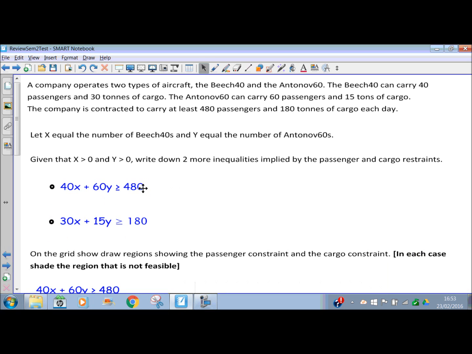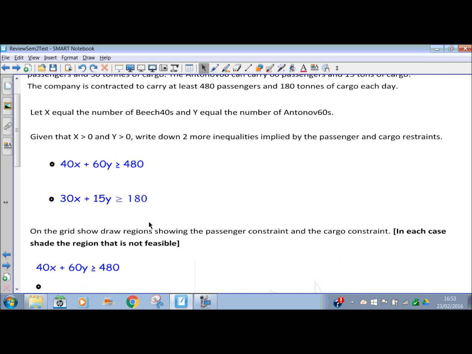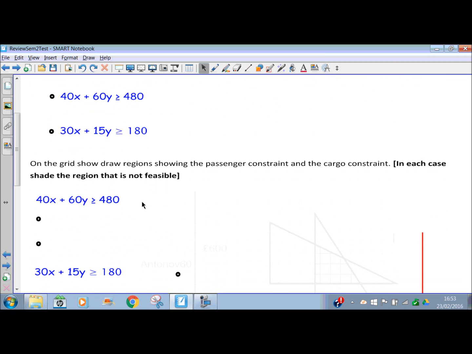Now we have calculated the two inequations representing the constraints on number of passengers and weights, we must draw the graphs. In order to draw these graphs of inequations, we must first draw the boundaries. The boundary of the inequation 40x plus 60y is greater than or equal to 480 is in fact 40x plus 60y equals 480.